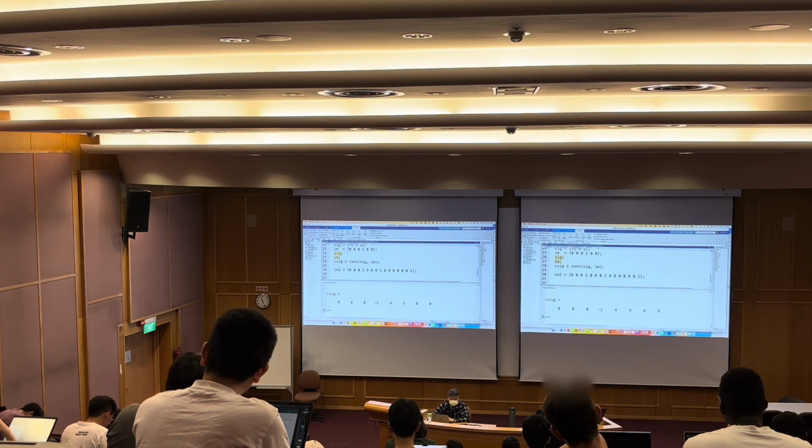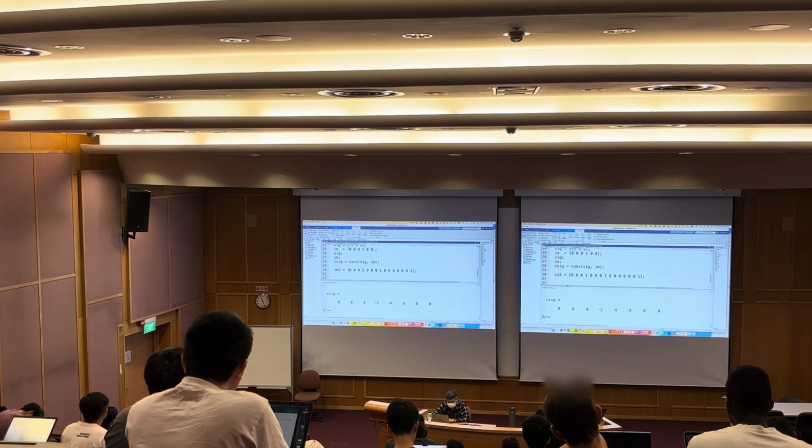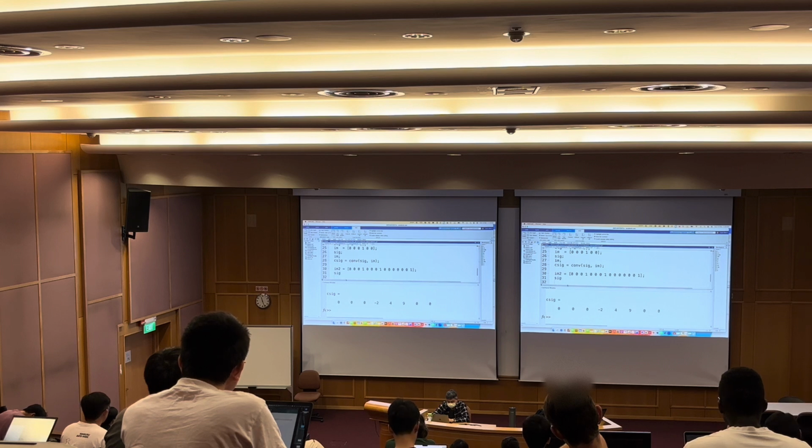In MATLAB, we end the line with a semicolon, which means it doesn't print the output. So you have signal IM2, and then C2 is equal to convolve signal with IM2, and then you see what happens.